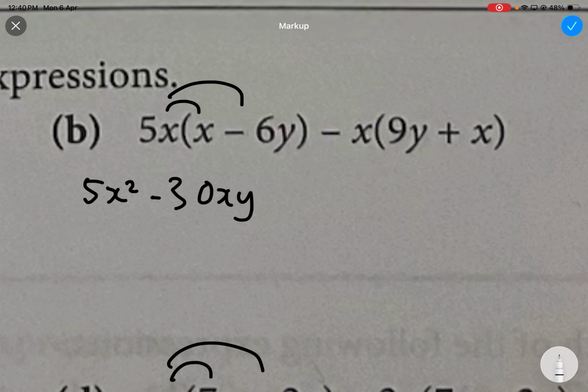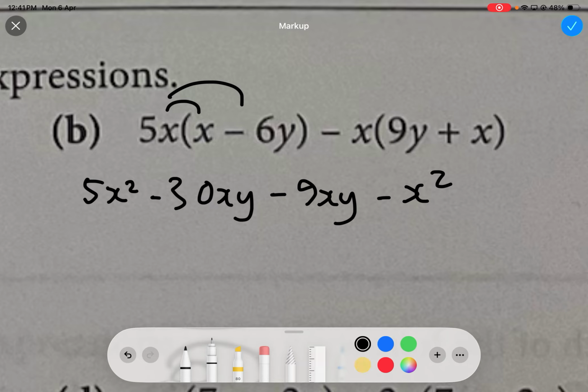Most will still get this first part, minus x times 9y. Negative, positive, negative. But the 5 or 6, all make the mistake here. Negative times positive here should be negative. You are subtracting everything inside. You are not just subtracting the first 9y. You must also subtract this one. So, minus x squared. Again, this is where the mistake comes in.